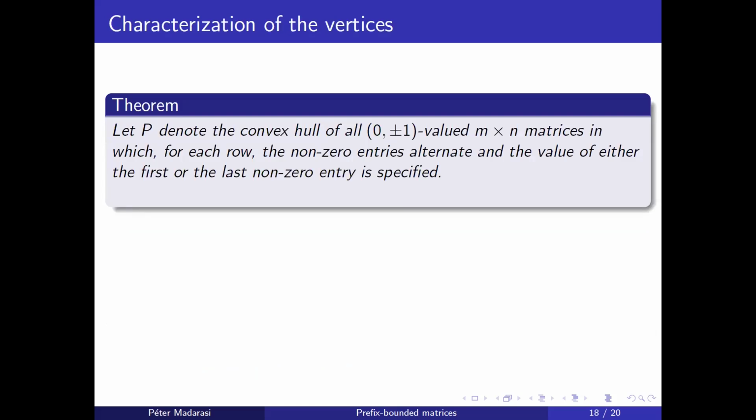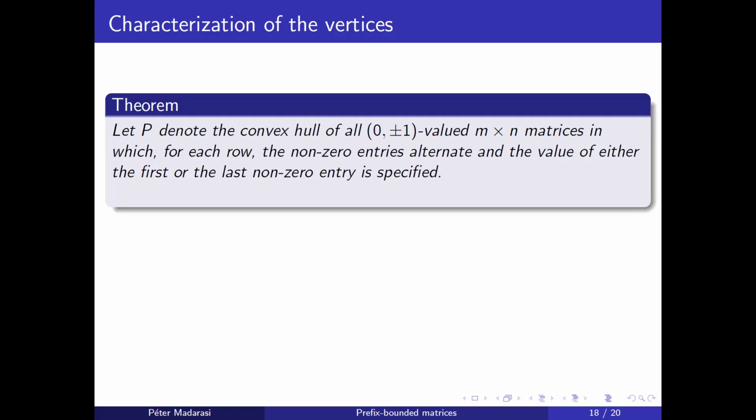We already know the characterization of the vertices of ASMs, and I'm going to generalize this and extend it to several other related notions or classes of matrices. Here is the setting. We have a polytope P, which is the convex hull of certain 0, plus minus 1 valued n by n matrices.